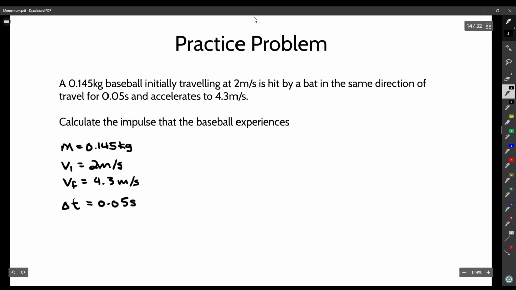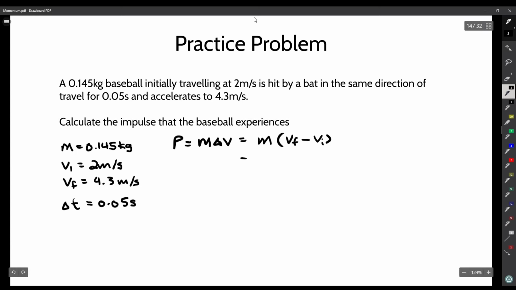So which one of our momentum formulas should we use? Well, we have our m and our v's, so we could do the impulse. So the impulse equals m delta v, which means we have mass times the final velocity minus the initial velocity.